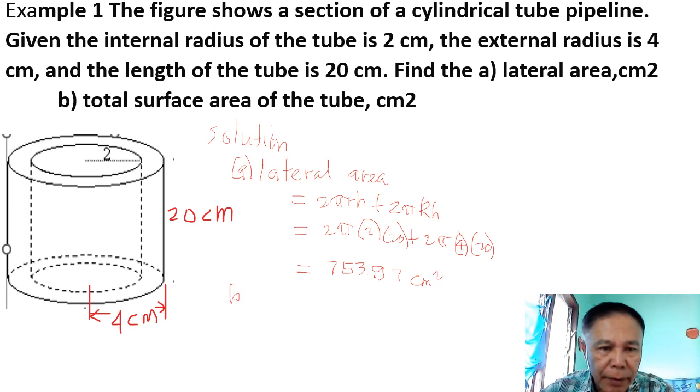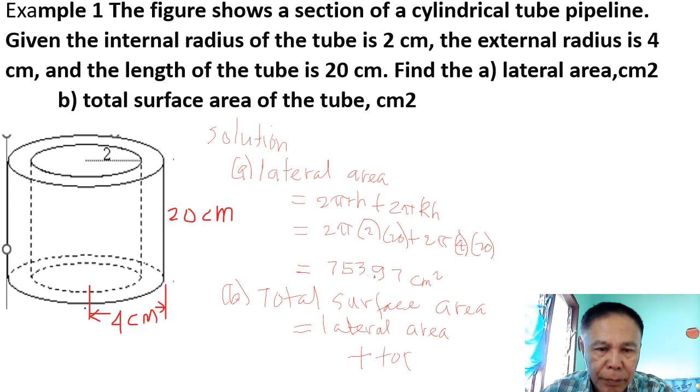For the letter B, total surface area. Total surface area equals the lateral area as solved, plus of course the top and bottom area.